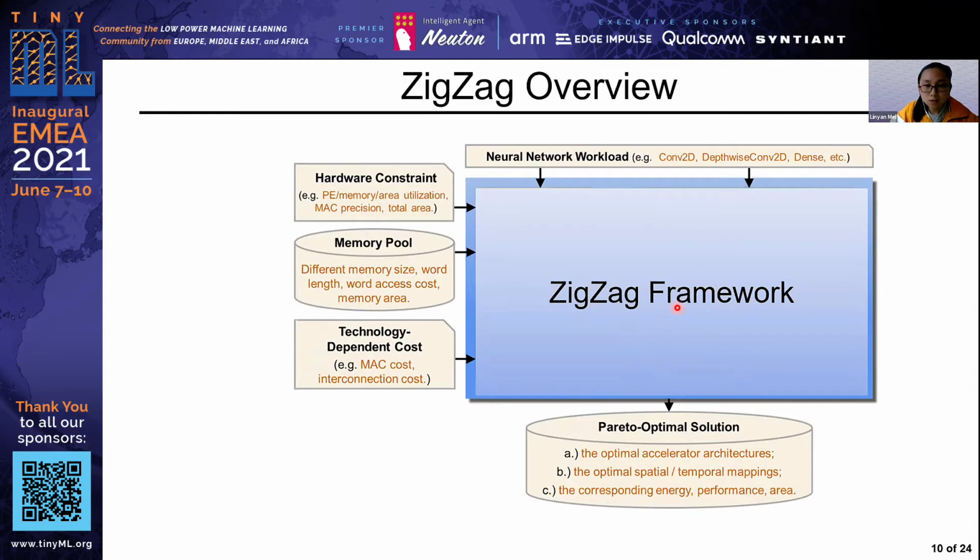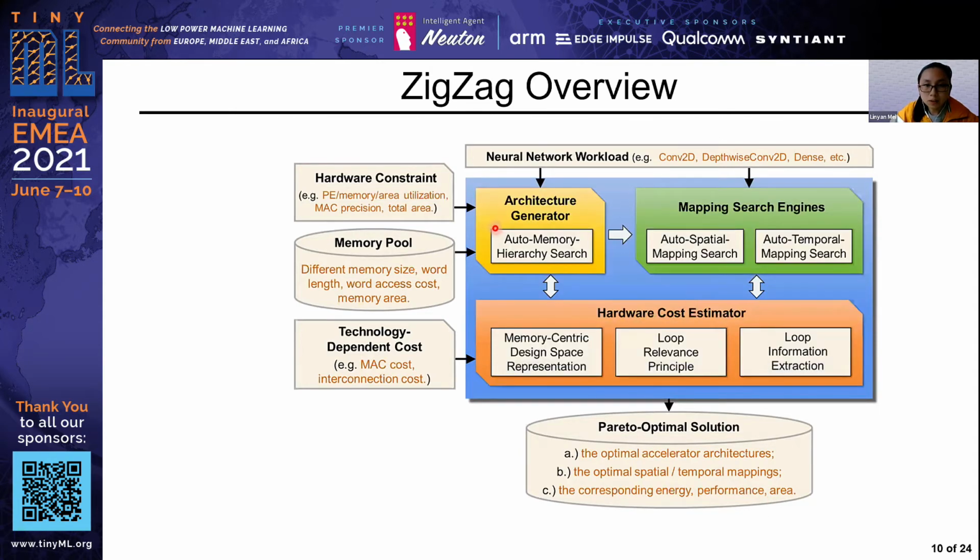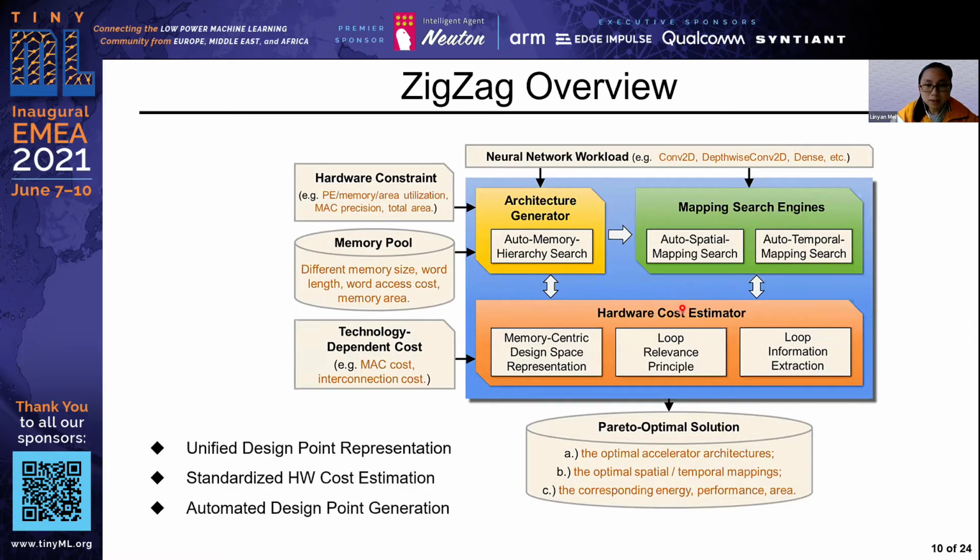So inside the ZigZag framework, we have three different components: the architecture generator, the mapping search engine, and the hardware cost estimator. And we will explain the whole framework through these three different perspectives. So firstly is the unified design point representation.